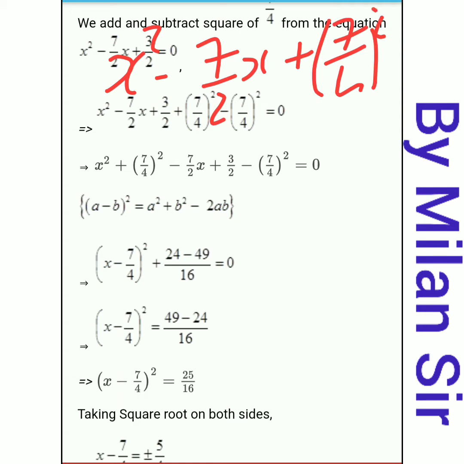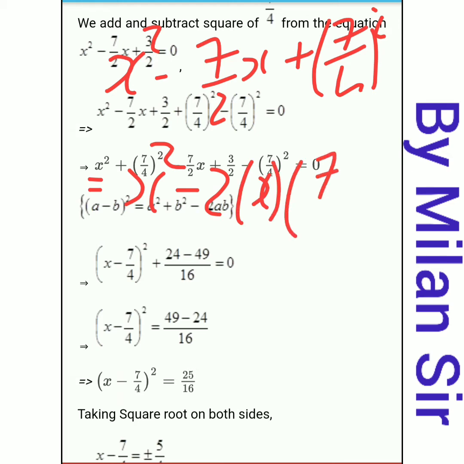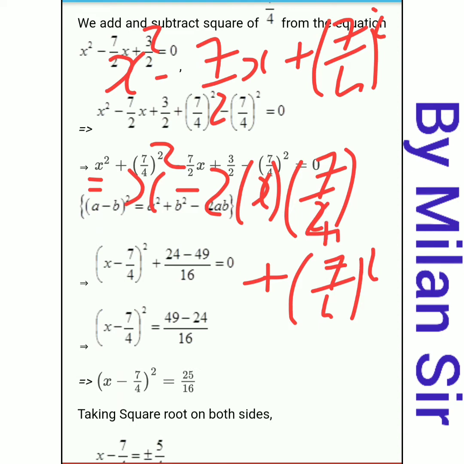You can convert this step like this, 2 into first bracket x and second bracket it is 7 by 4. Sorry, here we need to write 7 by 4.